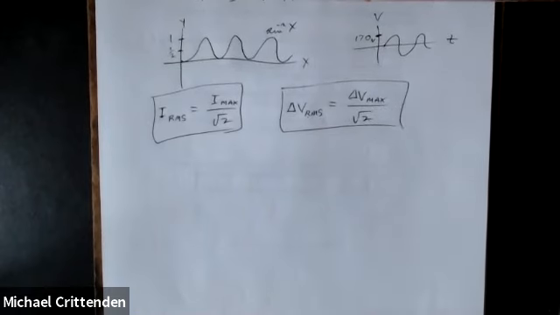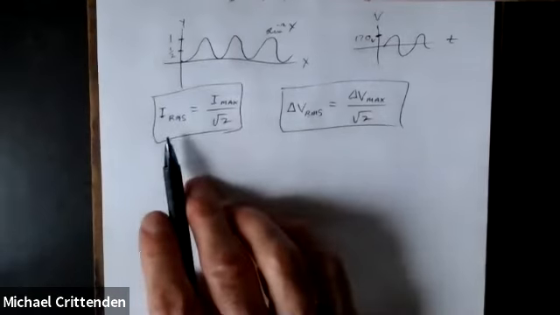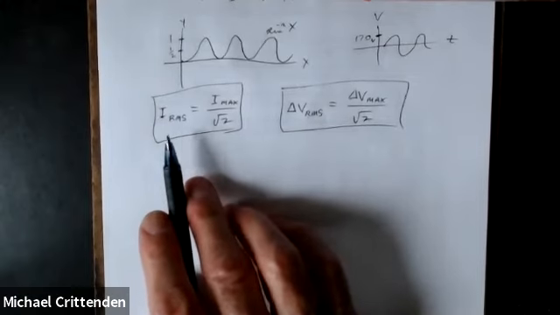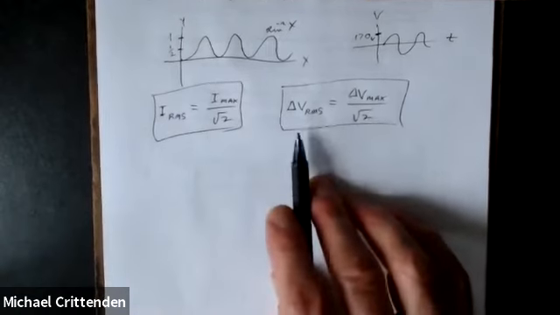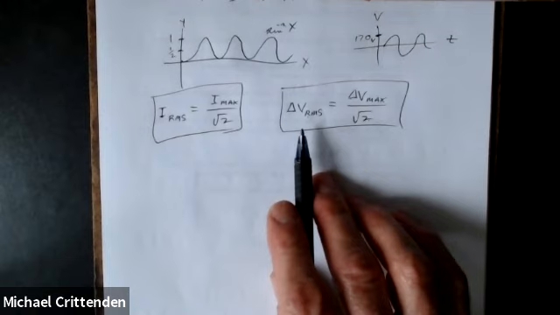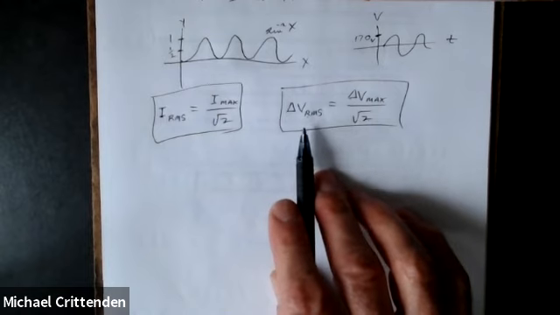But as far as going over to Home Depot and buying some circuit breakers or some wire or something like that, if somebody tells you that a circuit breaker is going to trip at 15 amps, that's the root mean squared current, not the peak. Okay. And if you talk about house current being 120 volts, that's root mean squared, and so on.